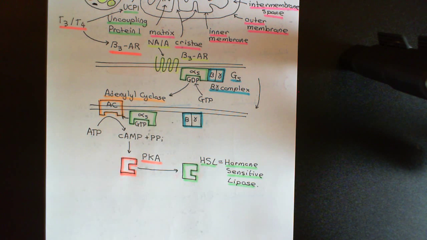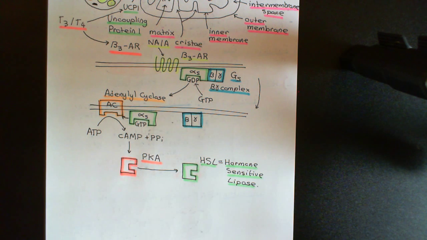Those free fatty acids are then going to be catabolized by beta oxidation to produce acetyl coenzyme A, and you're therefore going to get more of the Krebs cycle occurring, and therefore more protons being moved from the matrix of the mitochondria into the intermembrane space, and therefore more protons being moved back into the matrix by the uncoupling protein 1, and therefore more heat production.